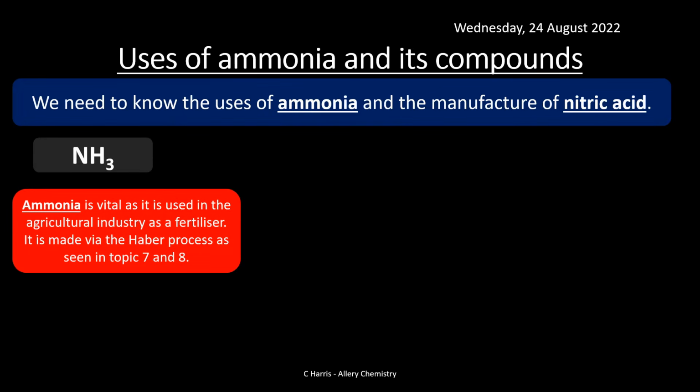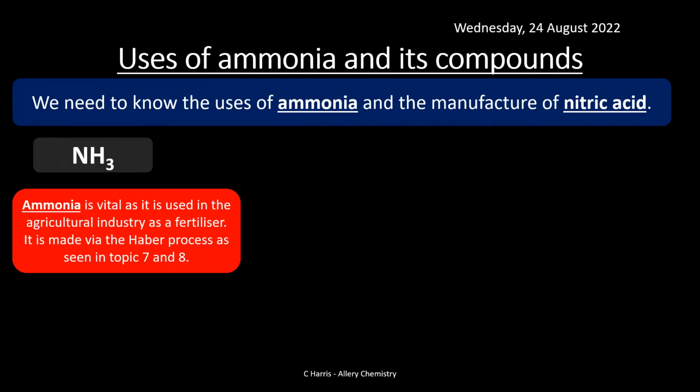Ammonia is incredibly vital. It's used in the agricultural sector extensively, as a fertilizer. Without ammonia, we wouldn't be able to produce the volume of food that we do nowadays, and that allows countries to feed their citizens. So it is an incredibly vital reaction.